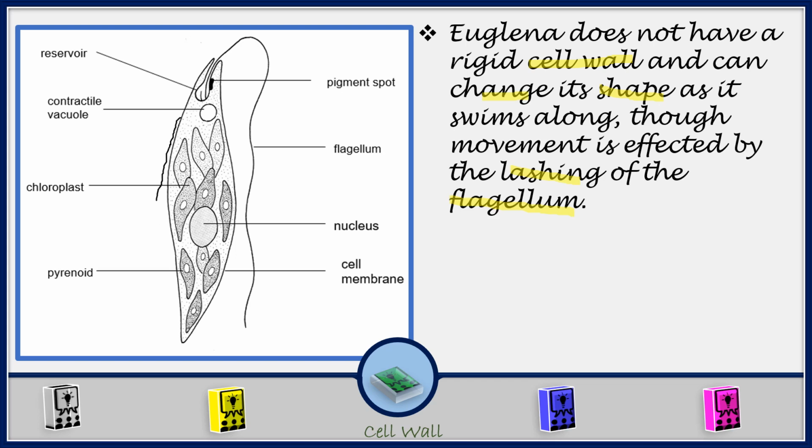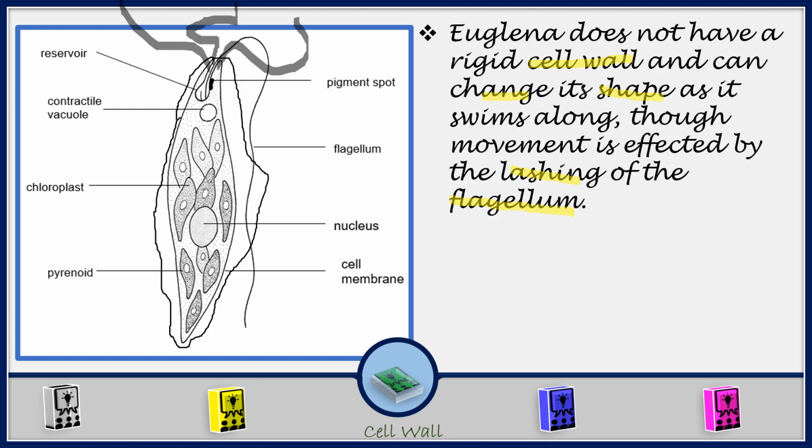This cell wall that we are seeing outside here is not so rigid. So when it is moving and swimming in water, it can keep on changing its shape. And when it is moving, it uses its flagellum to lash around. And that lashing of the flagellum makes it move in the water.